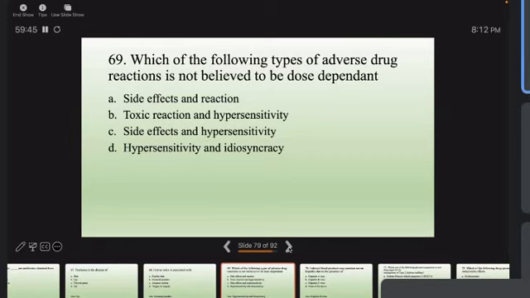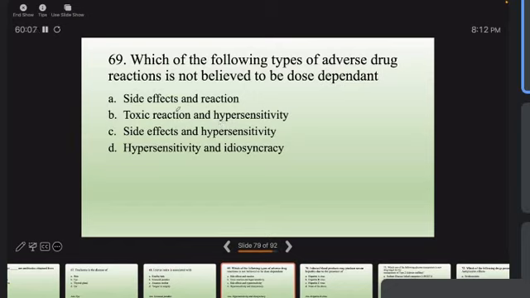Okay, so what happens in side effects or reaction? Should it be dose dependent? Is it necessary for it to be dose dependent? No. Okay, so a particular patient may not be tolerant to a drug.